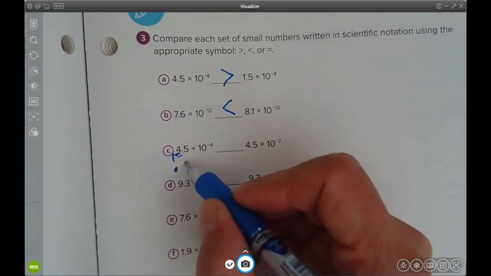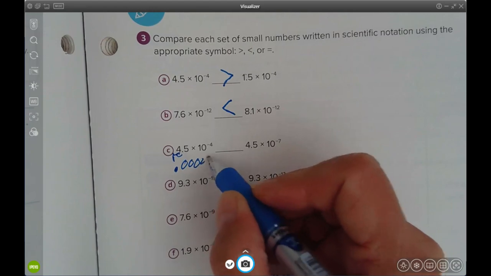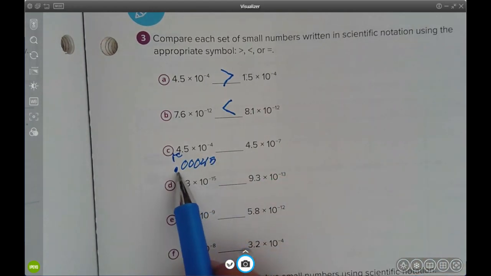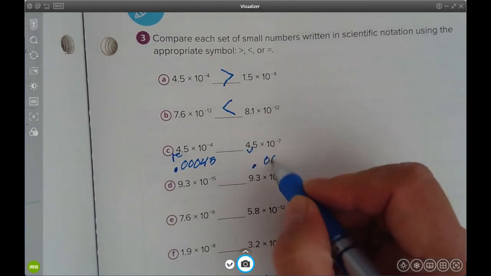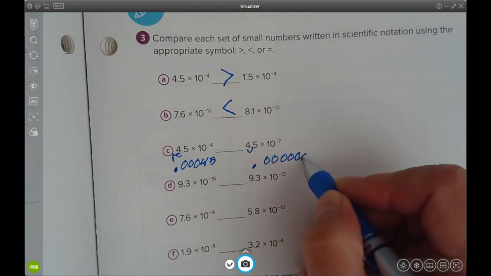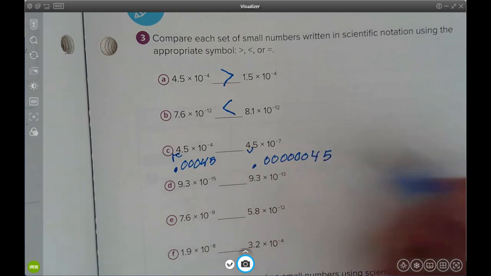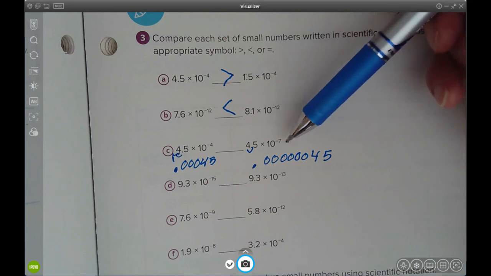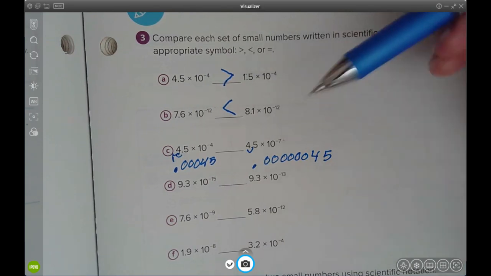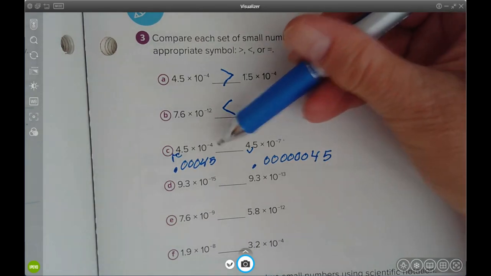So this is 0.1, 2, 3, 4. So this one has 3 zeros, then my 4 is my other place value. This one is going to have 6 zeros, and then my number. So negative 7 is further from 0, or a smaller number than negative 4.